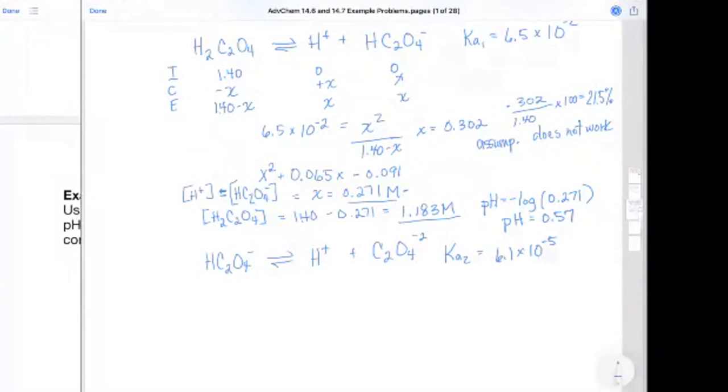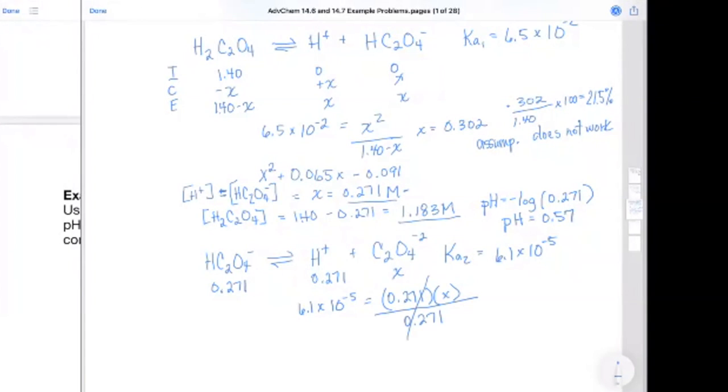And let's just see what we know. So we know that this is 0.271. We know the hydrogen ion concentration is 0.271. We don't know the X or the C2O4, so that's going to be our X. So here we can just plug in what we know for the equilibrium expression, products 0.271 times X over reactants 0.271.